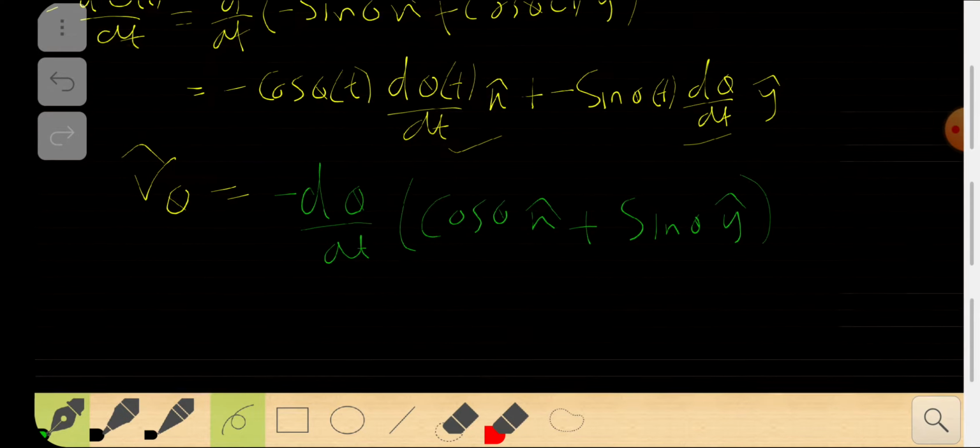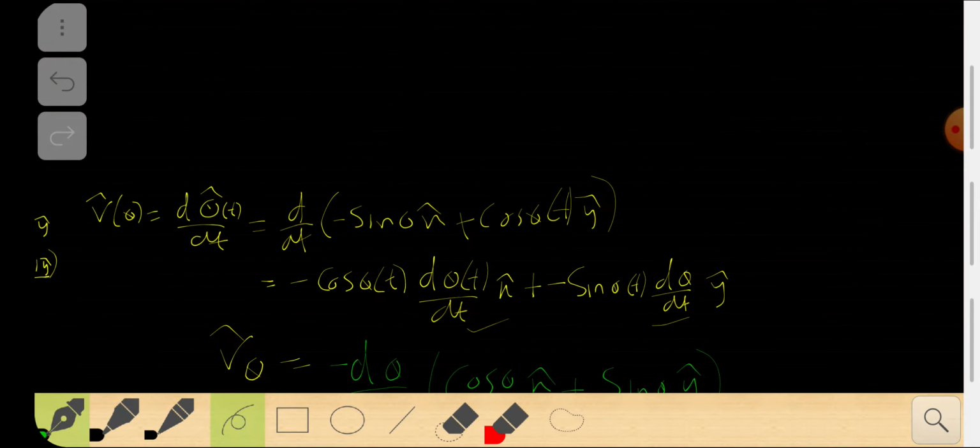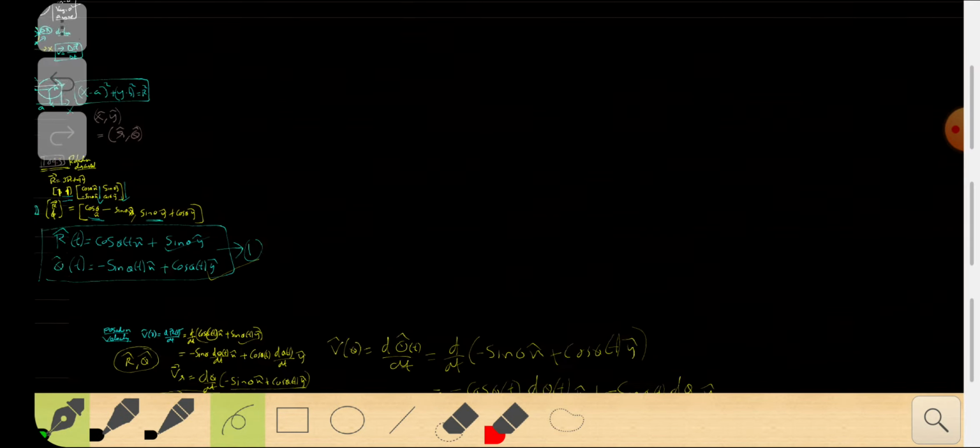So cos theta x cap plus sin theta y cap, you have seen that, is r cap of t. So I'm going to substitute that back in here, and you get minus d theta by dt times r cap of t.